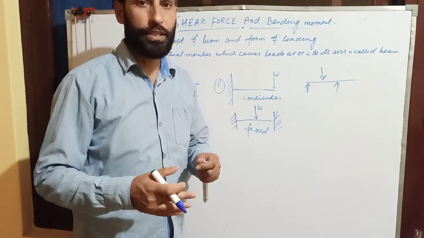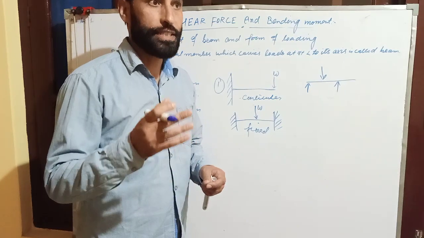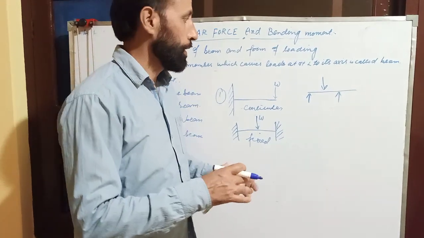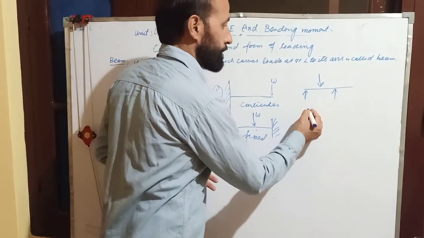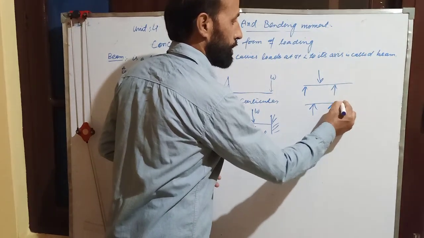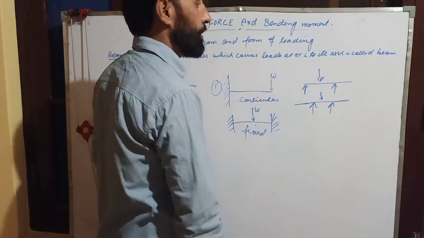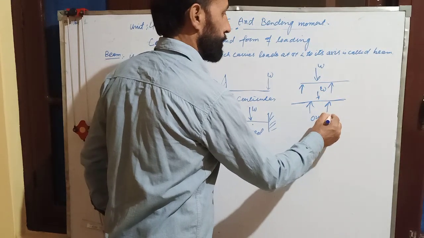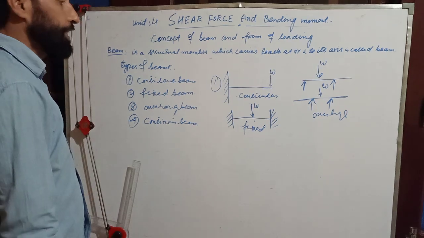If it extends beyond the support from one side, that is known as one-sided overhang. If it extends beyond the support on both sides, right or left, this type of beam is known as an overhang beam.